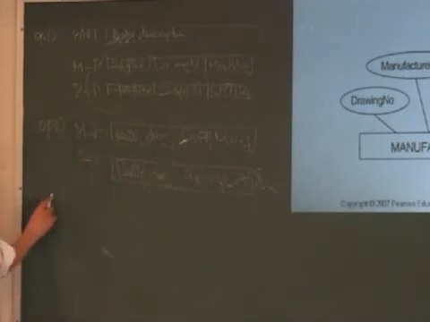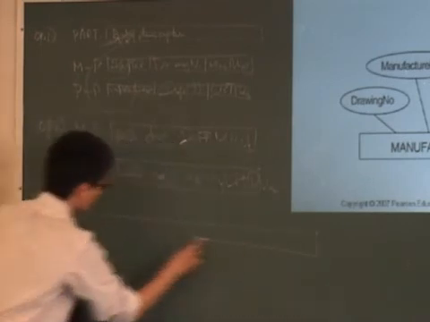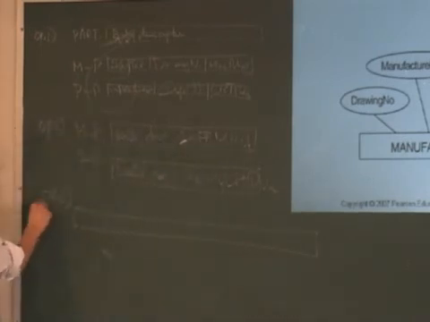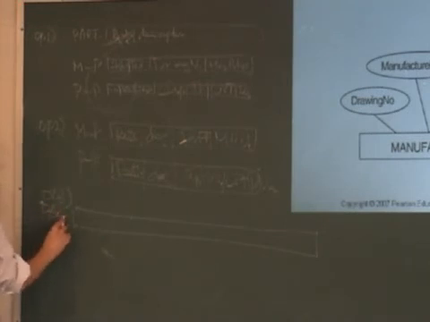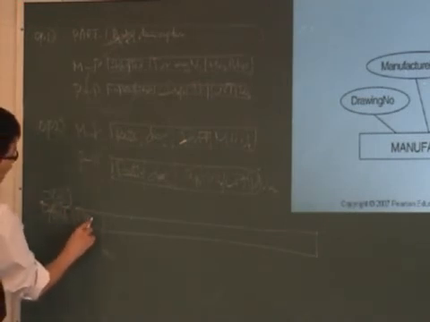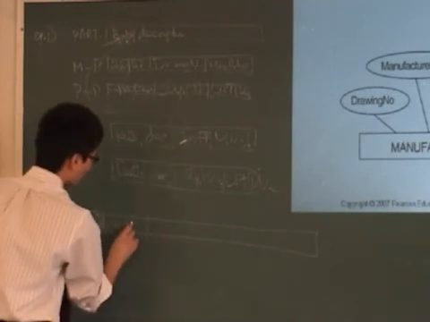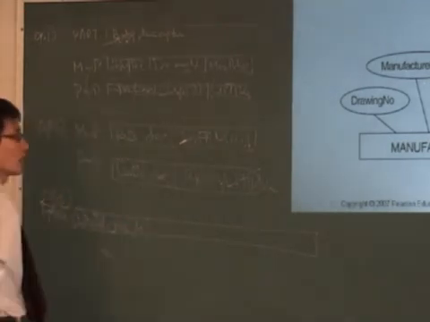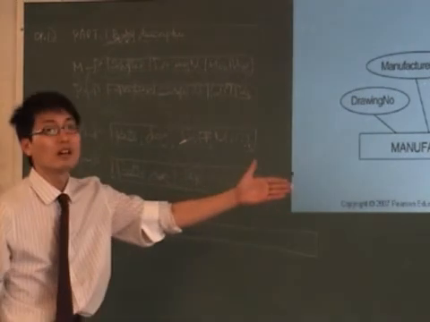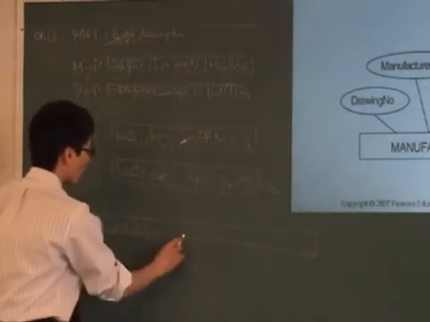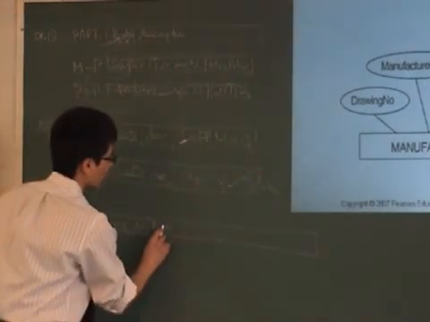The third option is one big merged relation: part number, then description. If this is disjoint, we can have a part type.